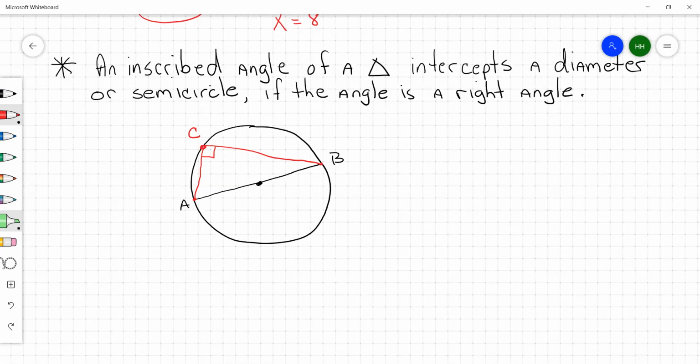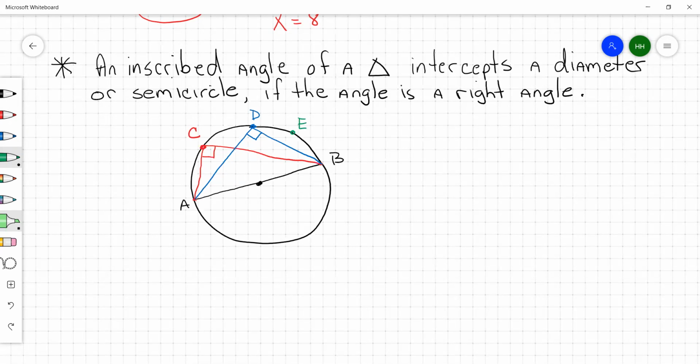If the endpoints of this angle stay on AB and I move point C anywhere I want along this circle, I could rotate it 360 degrees. Every time I move it, I'm going to form another right triangle. If I move point D right here and I connect D to A and then D to B, another right triangle. I can just keep doing this all day long until I run out of room.